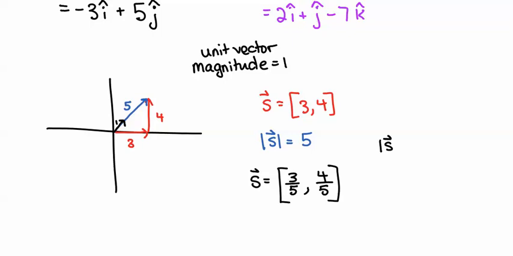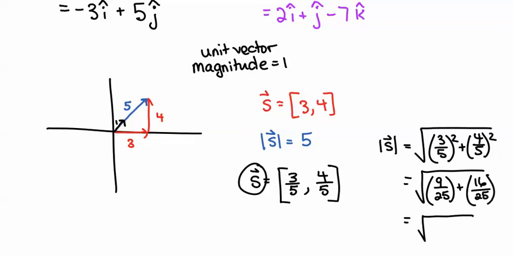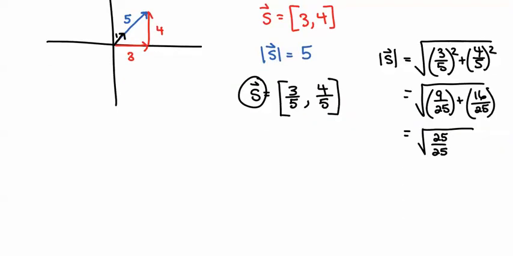If you look at now our unit vector s, if I wanted to calculate the magnitude of that vector, 3 over 5 squared plus 4 over 5 squared, 3 over 5 squared would be 9 over 25. 4 over 5 squared would be 16 over 25. 9 plus 16 is 25, and we keep the same denominators, so 25 over 25, which would equal 1, and the square root of 1 is just 1.